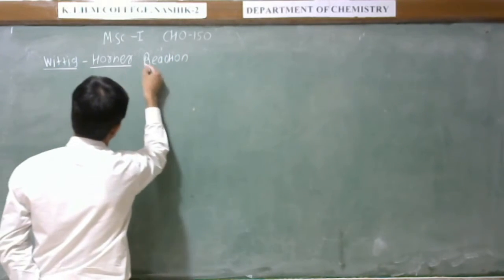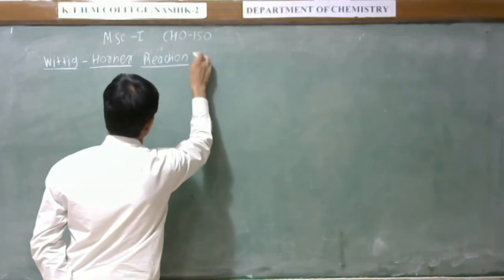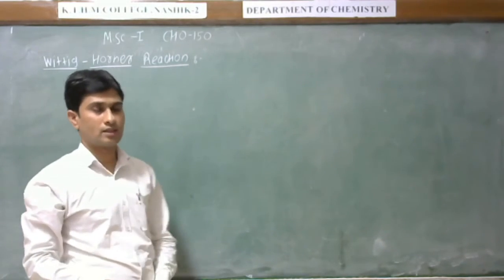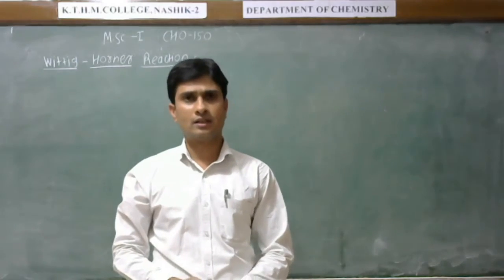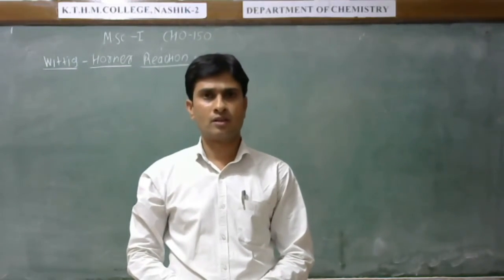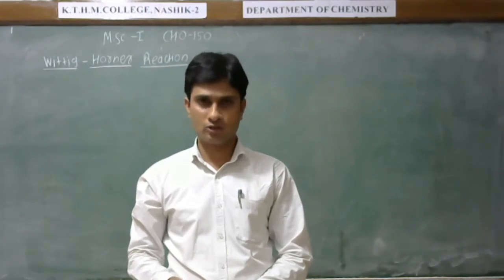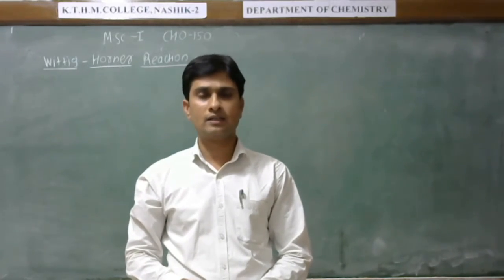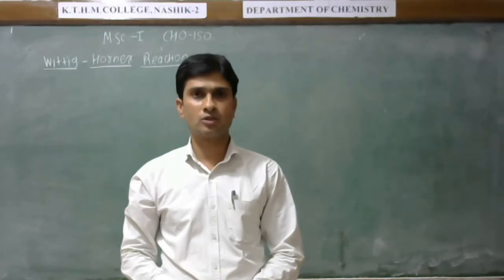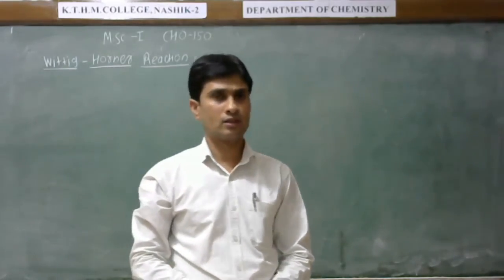Wittig-Horner reaction is the same as the Wittig reaction, with only one difference. In the Wittig reaction, the phosphorus ylide is the phosphorane, and in the Wittig-Horner reaction, the phosphorus ylide is the phosphonate.